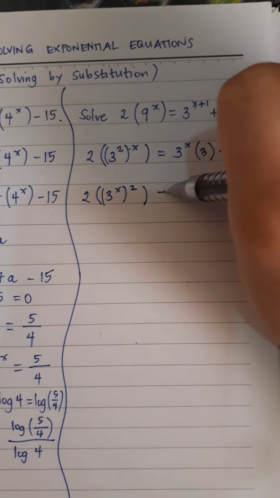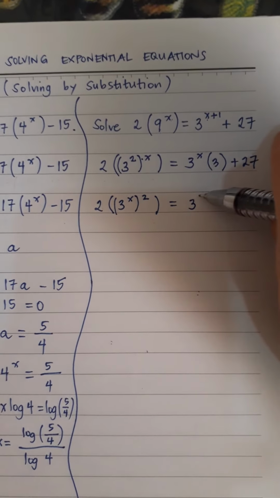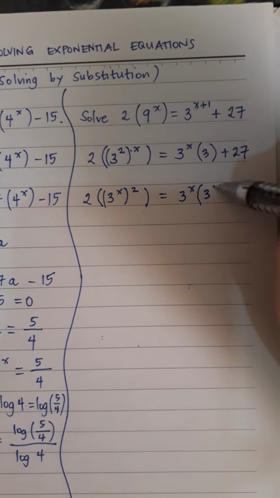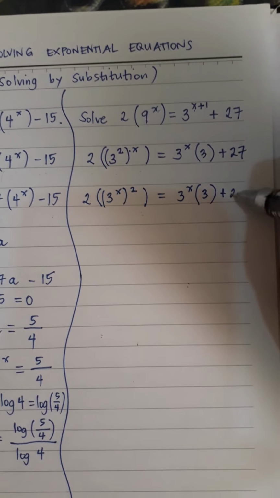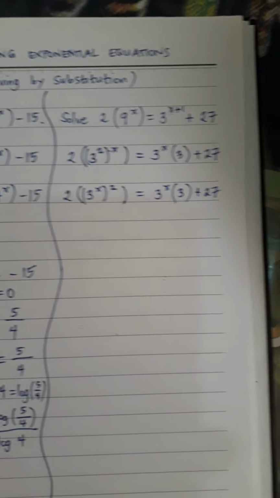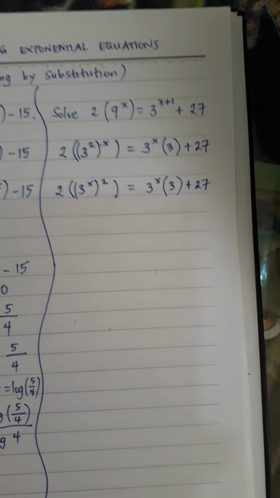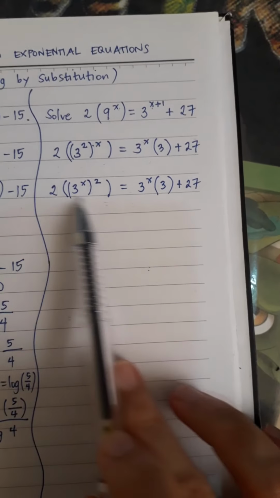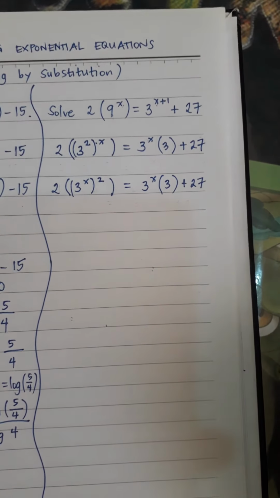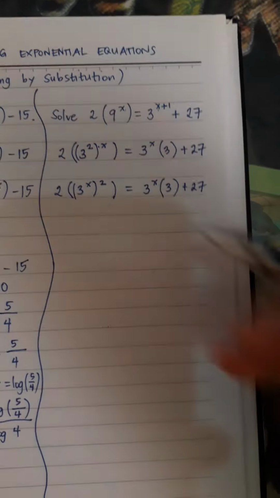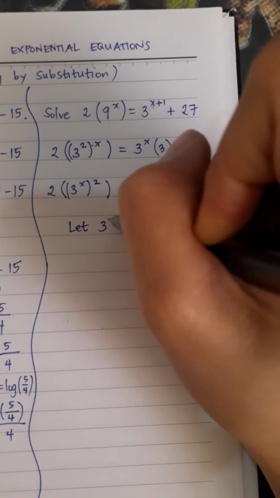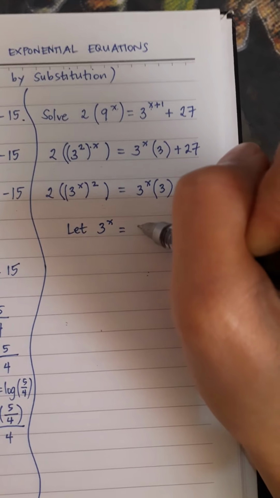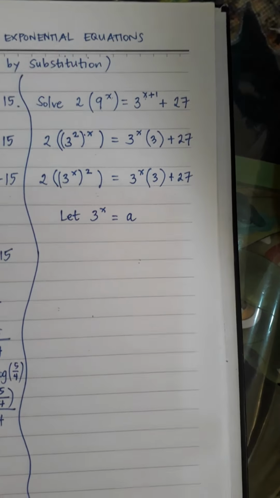Why did we do that? So we can see the substitution that we need to do. So, look for the common term in both sides. Left and right, both have 3 to the power of x. So, we will be using substitution for that. 3 to the power of x will be, let's use the variable a.